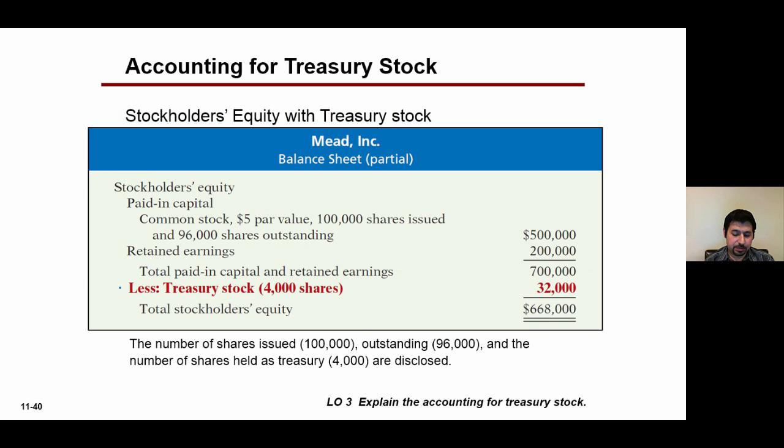In this case, the contra account will show treasury stock 4,000 shares, which is the difference between the 100,000 shares that were issued and the 96,000 shares that are outstanding. And this is deducted from stockholders' equity before getting to the total. So this minus 32,000 will be equal to the total stockholders' equity.